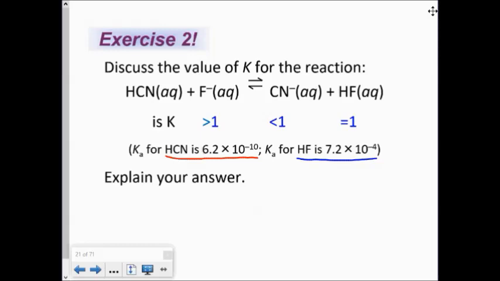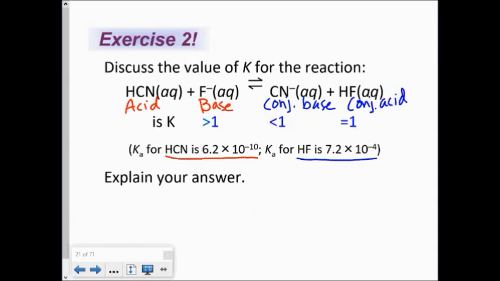This is our acid, so the F minus is going to be acting as the base. And over here on this side, the CN minus is going to be the conjugate base, and our HF is going to be the conjugate acid.